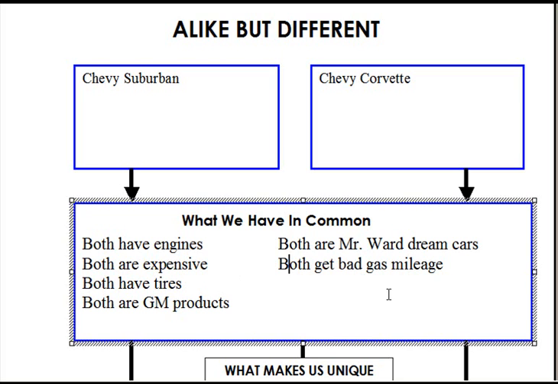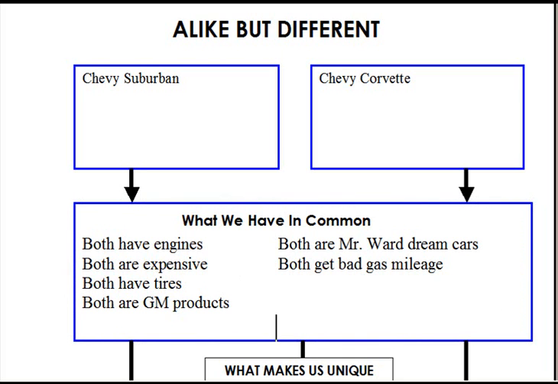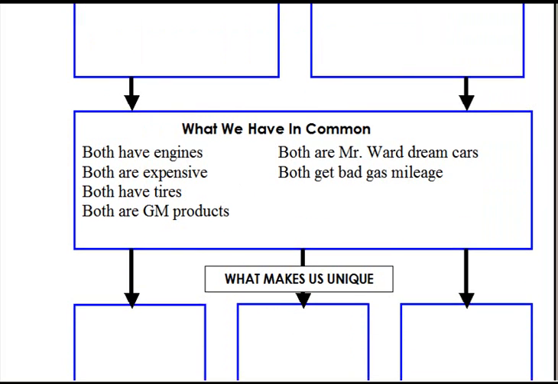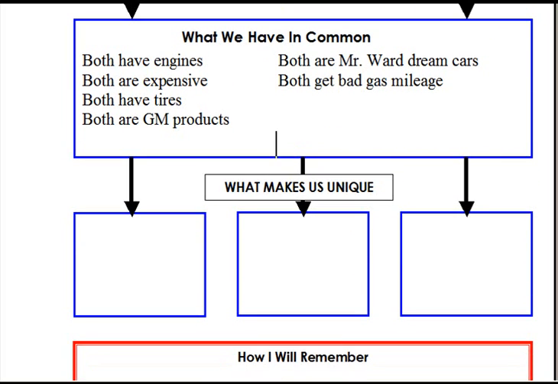After you've listed what the 2 topics have in common, then you can scroll down to what makes us unique. Here I include 3 boxes, and given the 2 topics, now we must find what makes each of these unique.